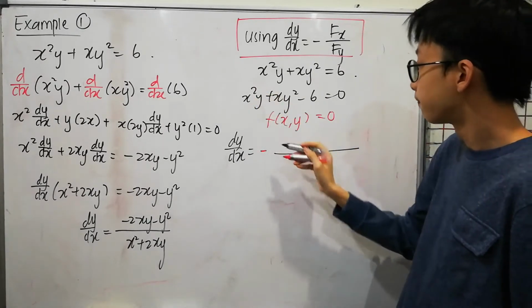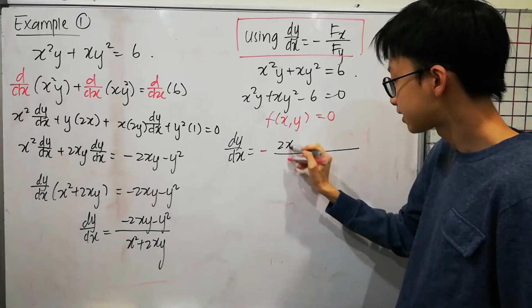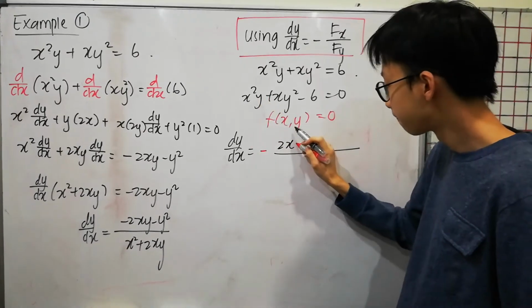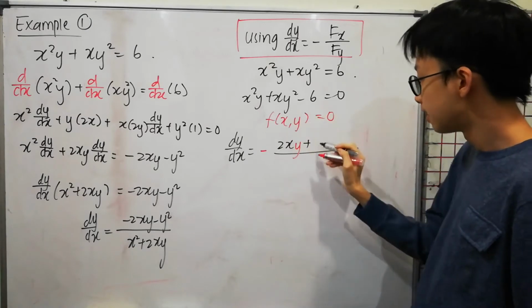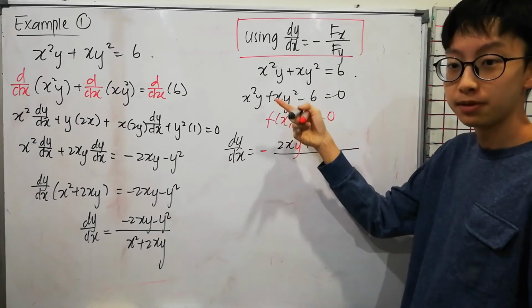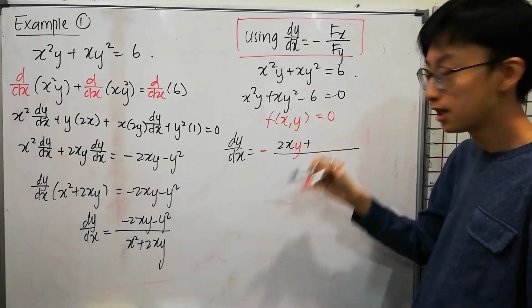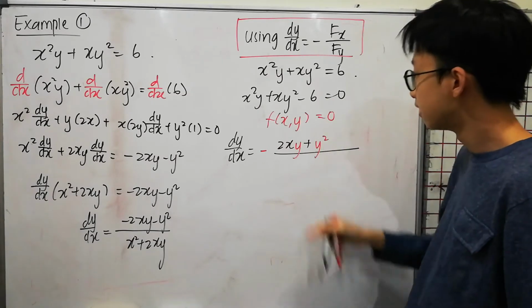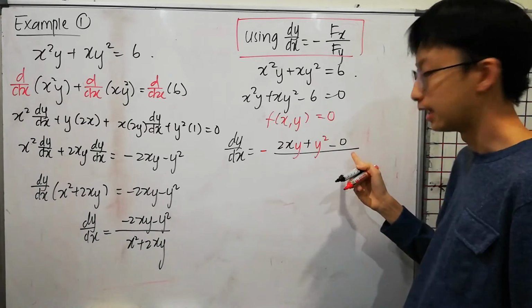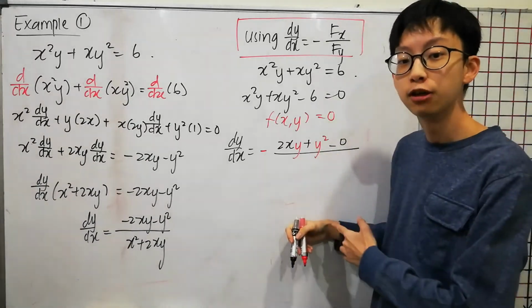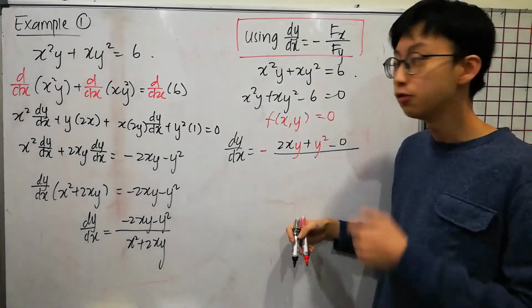For x squared y, it is 2x, and y in this case is a constant. Then plus, x you differentiate becomes a 1, then y squared is a constant, so it's y squared. You differentiate a constant, you get 0. And that's it. Then for the denominator, we will differentiate with respect to y.